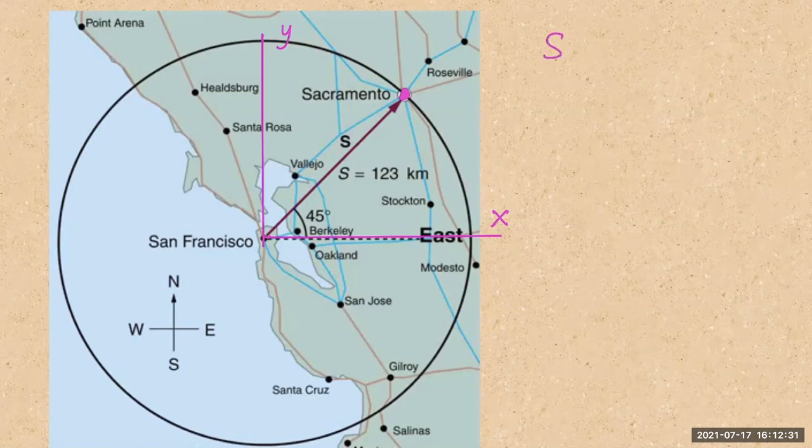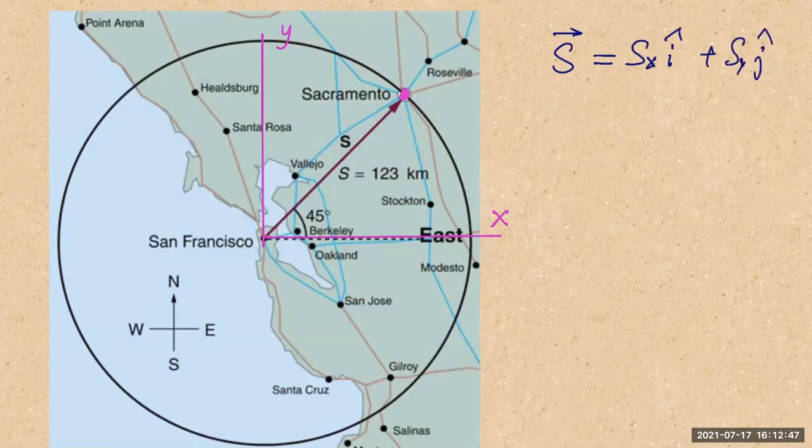I can write s as the sum of sxi and syj. i is a unit vector pointing from west to east along the positive x direction. j is a unit vector in the y direction pointing from south to north.